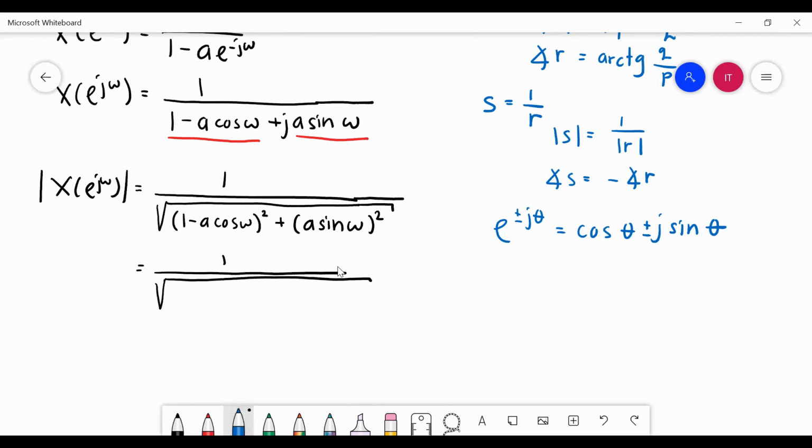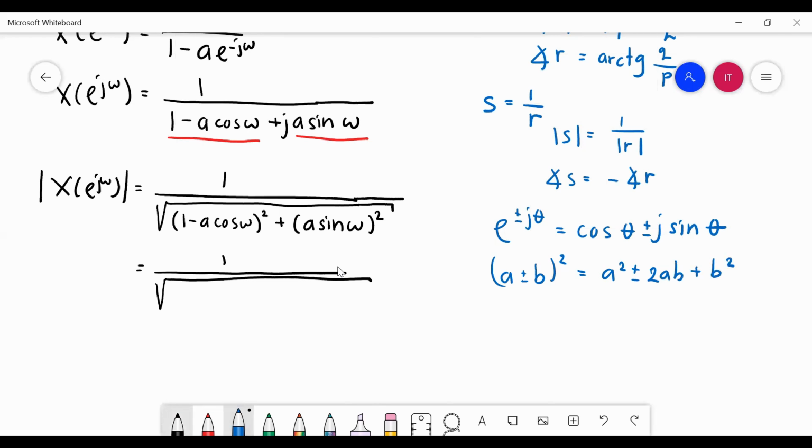As you might recall, (a plus or minus b) squared is a squared plus or minus 2ab plus b squared.